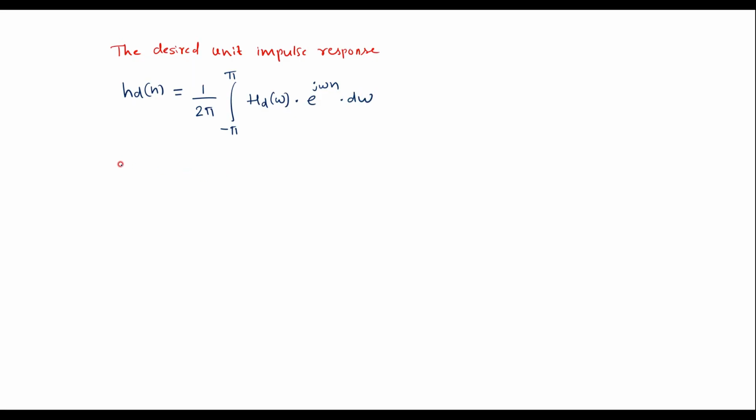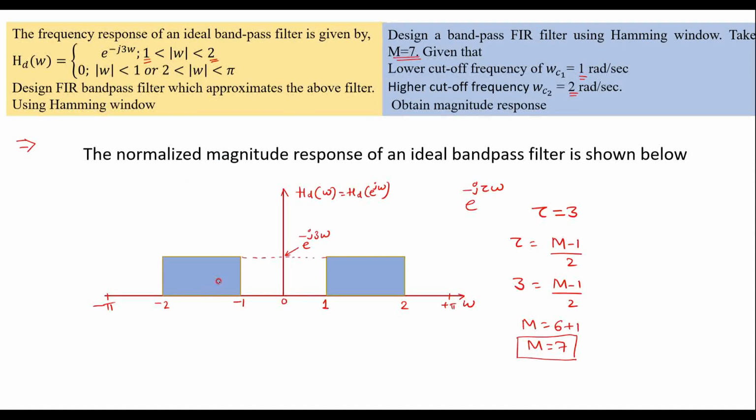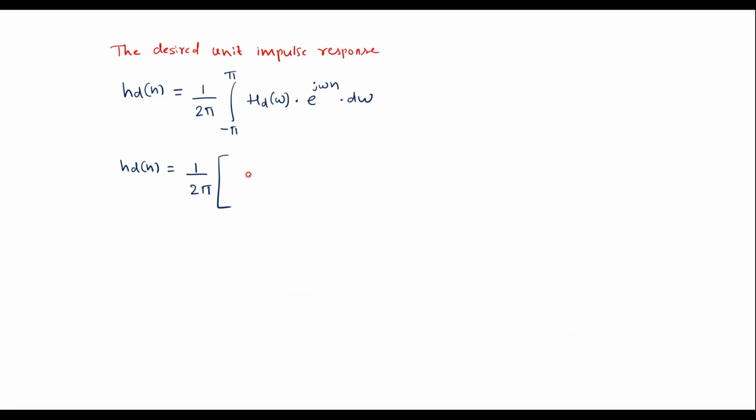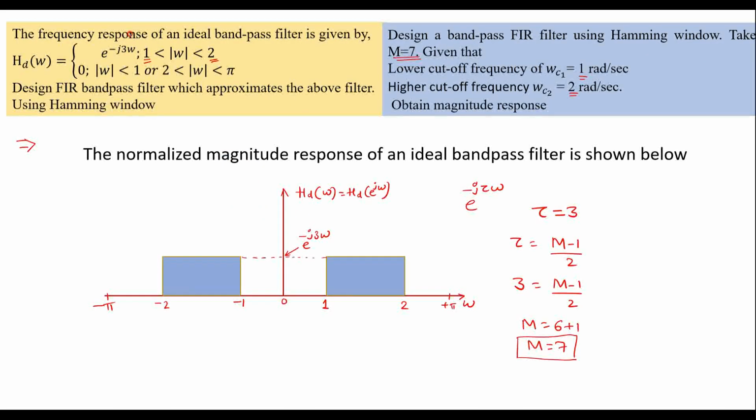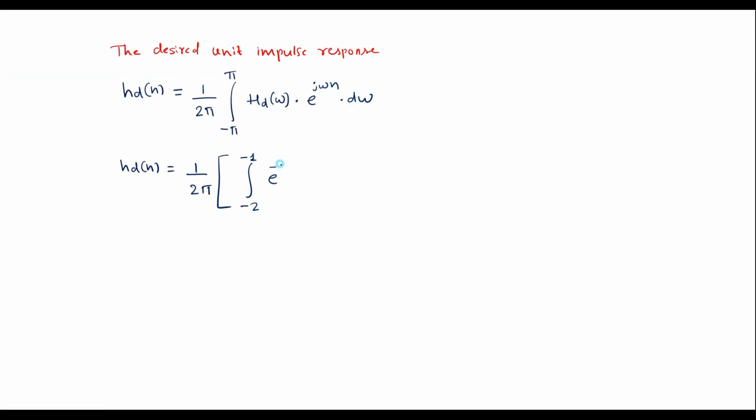Therefore I can write here HD of n is equal to 1 over 2 pi. Here we can see that if we consider this band, it varies from minus 2 to minus 1. So I can write it as integration from minus 2 to minus 1, and the frequency response is e power minus j3 omega, that is e power minus j3 omega into e power j omega n into d omega.